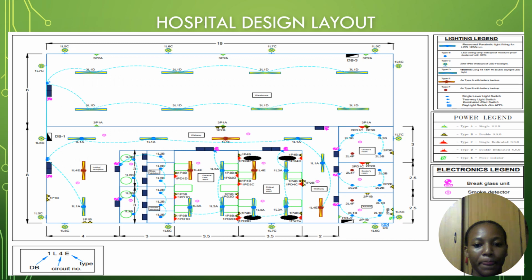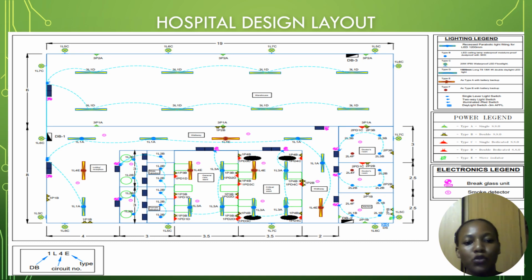Why is it so? Here we have our hospital design layout. On the top half of the hospital design, we have our warehouse. Our warehouse is designed on the top part of the design, looking at it from my side.